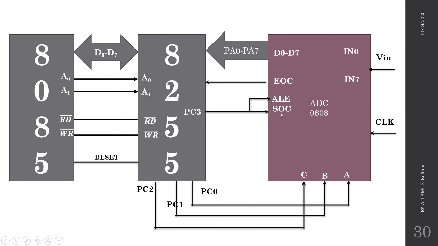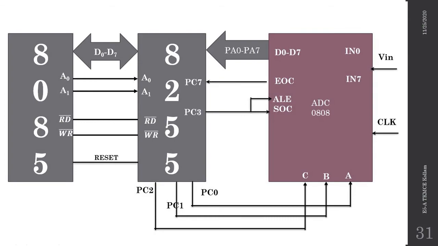PC3 is sending the SOC signal as mentioned earlier, and the ALE signal is also required for the conversion process. After completing the conversion process, the ADC will provide the end of conversion signal, an active high signal. Whenever this signal is high, we can transfer the data, that is the digital data, through port A of the 8255 into the 8085 microprocessor.